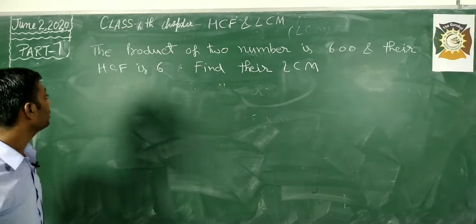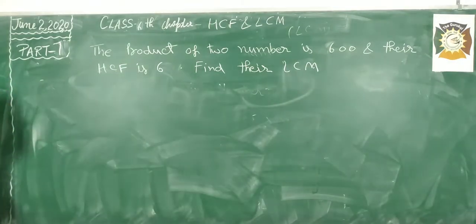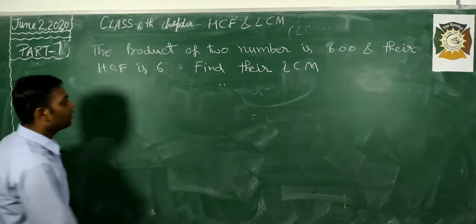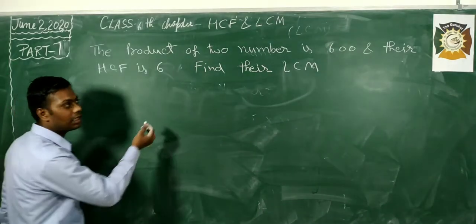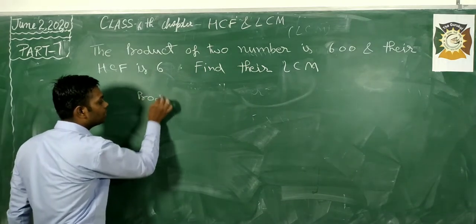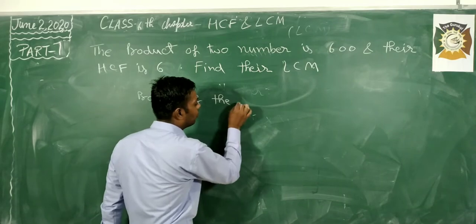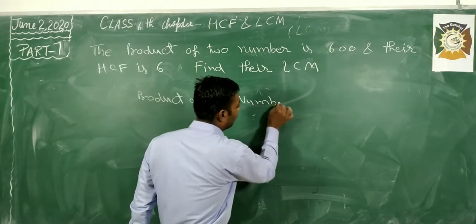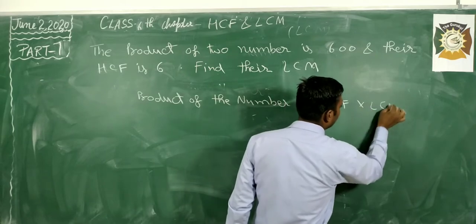The next question is: the product of two numbers is 600 and their HCF is 6. Find the LCM. We have to know the relation that the product of the numbers is equal to their HCF and LCM.